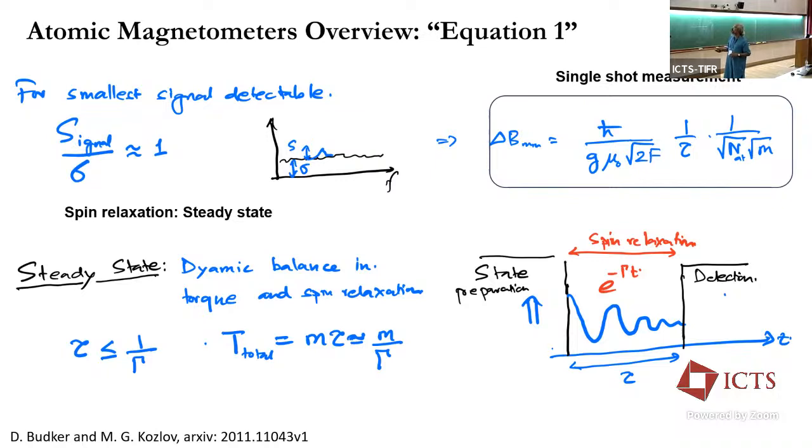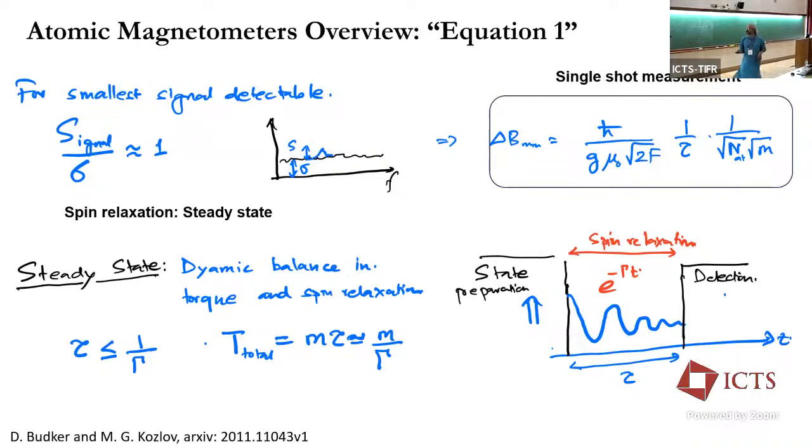And also, you can repeat the measurement. Each experiment is of the order of 1 over gamma, and if you repeat it m times, then your total time of measurement, which is a very important parameter for experimentalists, comes in. I know how many days you have seen these Allan deviations and so on: how many days do I want to measure? So you would like to express the minimum detectable magnetic field in terms of this total time.